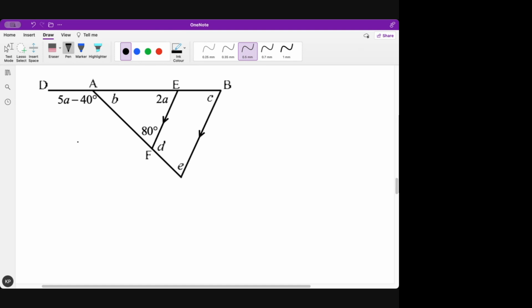Look right next to it, guys. How do we find E and D? Just give me a method of how to get there. Angle D can be found using what?